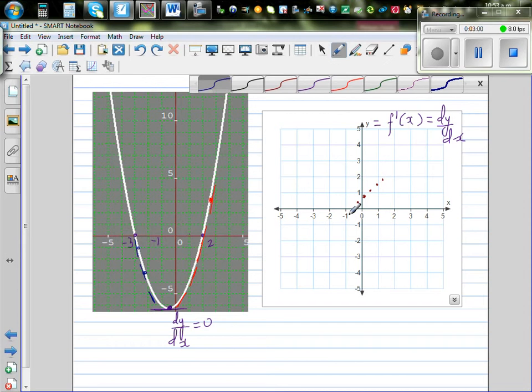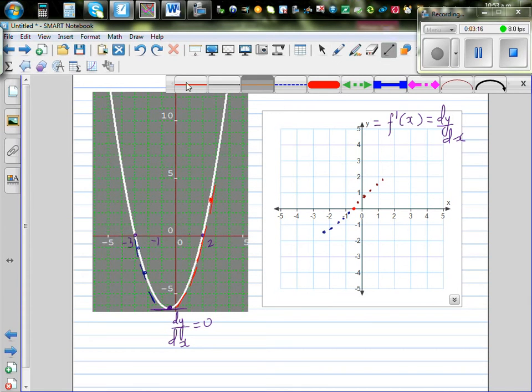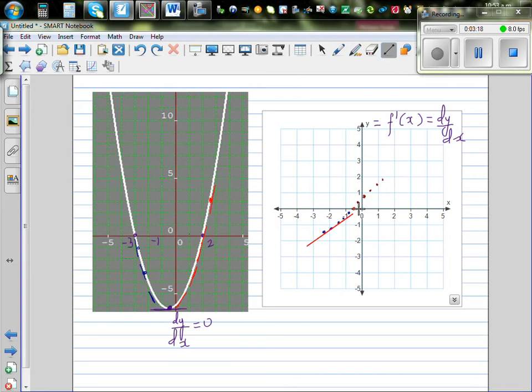To the left it's negative, more negative, and so on. Let us join these points by a straight line. So this is the graph of the gradient function.